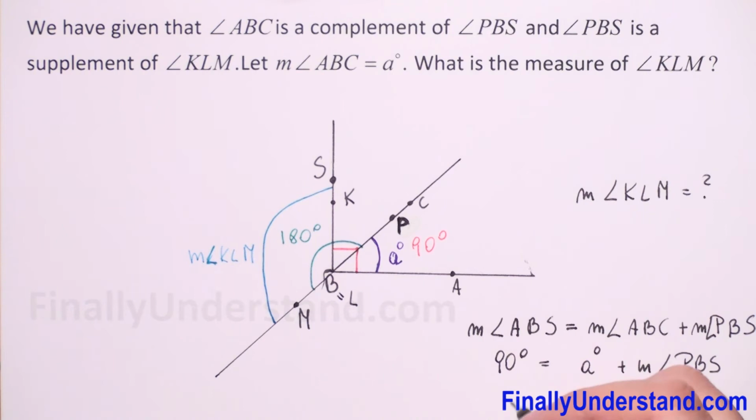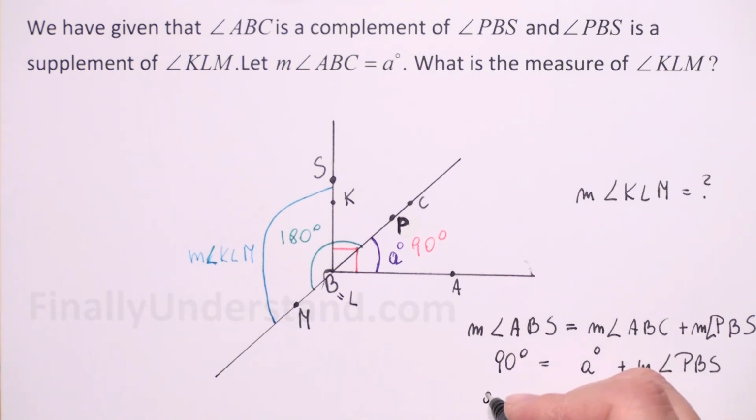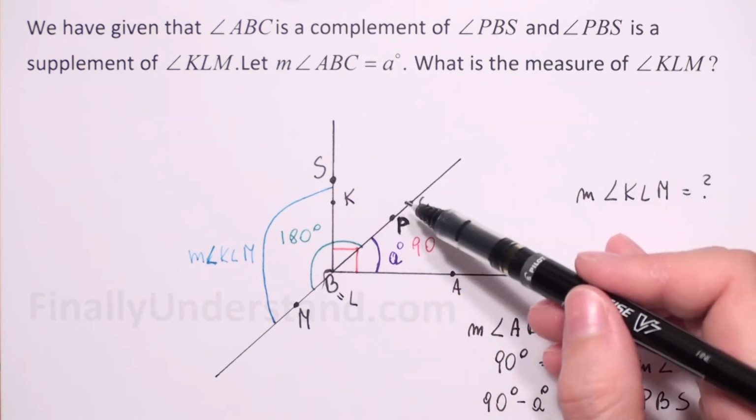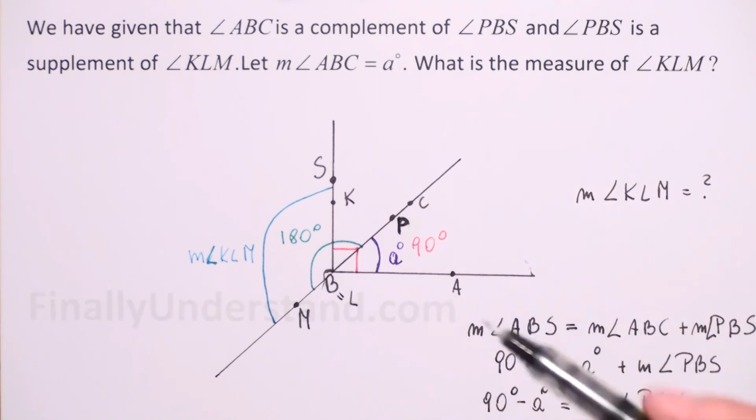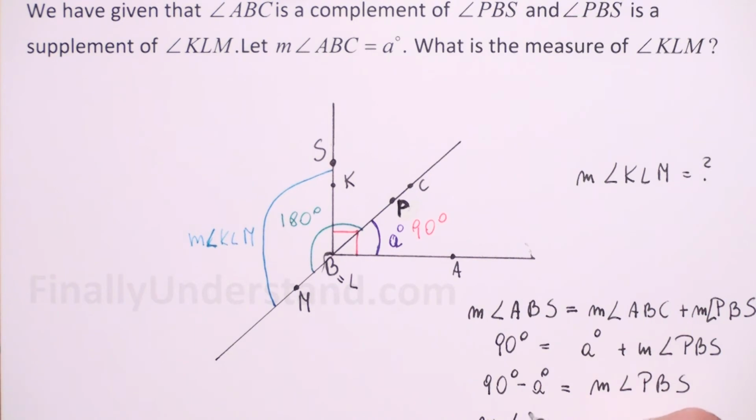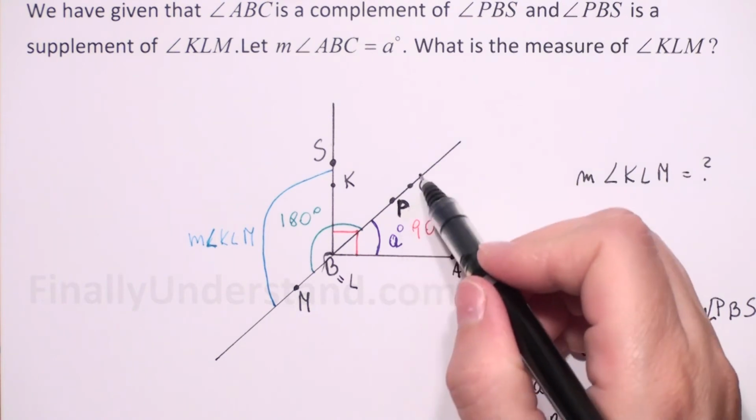We have 90 degrees minus 8 degrees is equal to the measure of angle PBS. Changing the sides, the measure of angle PBS is equal to 90 degrees minus 8 degrees.